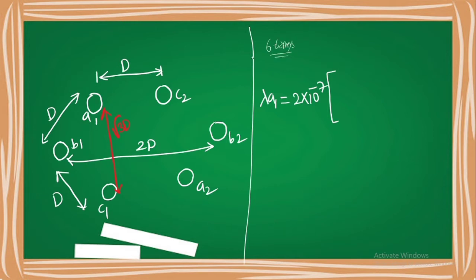Because we need to find the flux linking with A1 due to the current flowing through A1 itself, and due to the current flowing through B1, C1, C2, B2, and A2. Like that you will get 6 terms. Now it is 2 times 10 power minus 7.